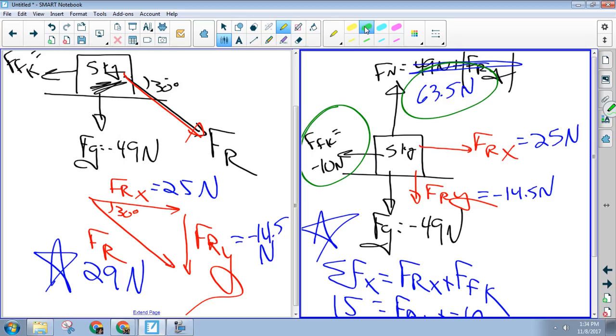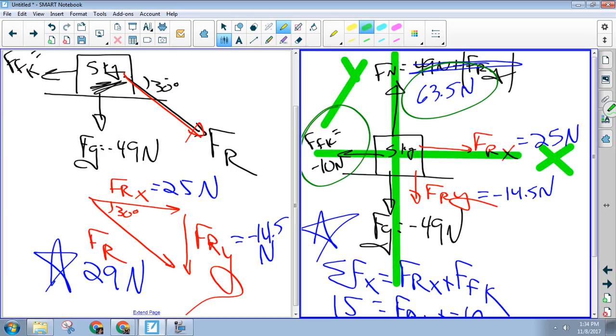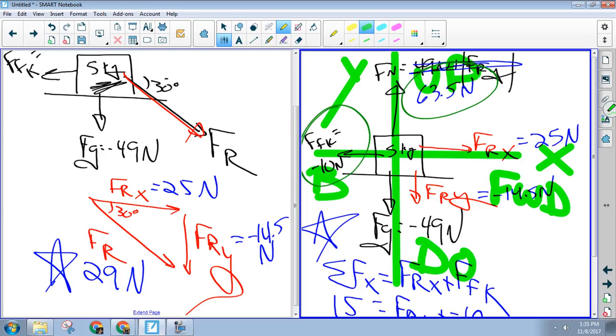In this problem, I mean the x and y-axis. The x-axis means either forward or backward, and the y-axis means either up or down, right?